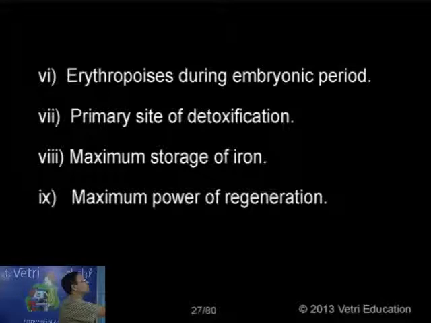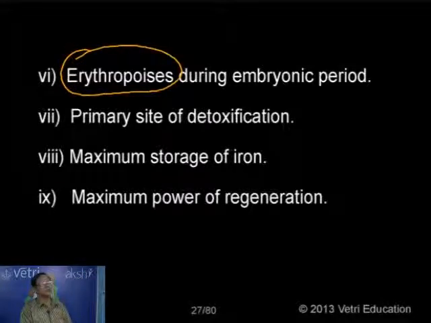That process of formation of RBCs is called erythropoiesis. The formation of red blood corpuscles is called erythropoiesis. That is done mainly by the liver, only in the embryonic period. But in the adult period, the function is reversed, so it destroys only the RBCs: the worn-out RBCs, the damaged RBCs, or the weak cells not having the ability of transporting oxygen.